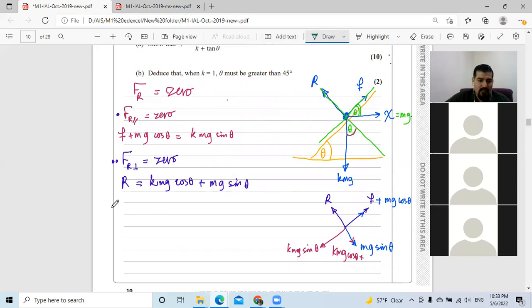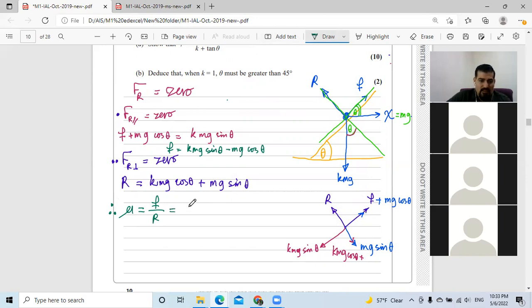Now I will connect the first and second equations by a third equation, which is that the coefficient of friction equals friction divided by normal reaction. Before I do this, what is the friction by itself? The friction is equal to kmg sine theta minus mg cosine theta.